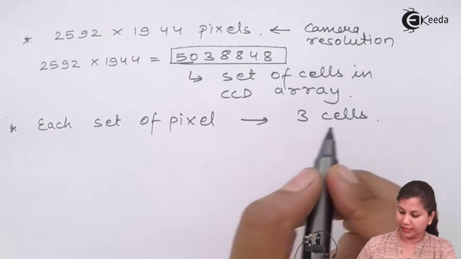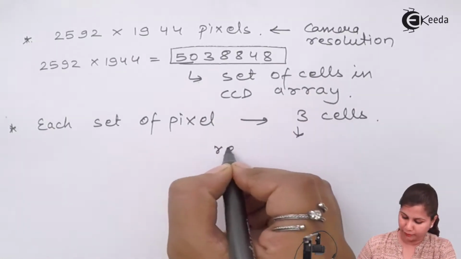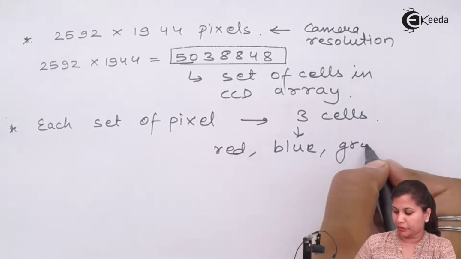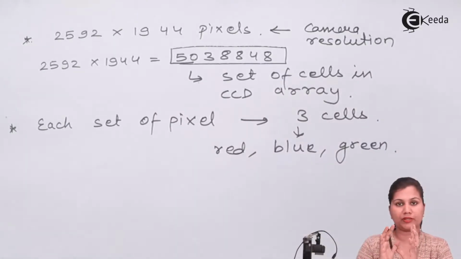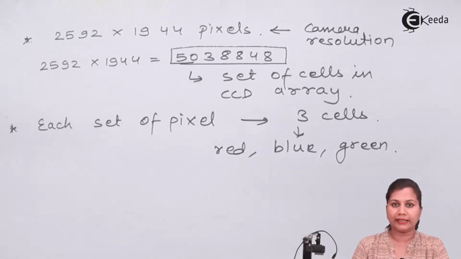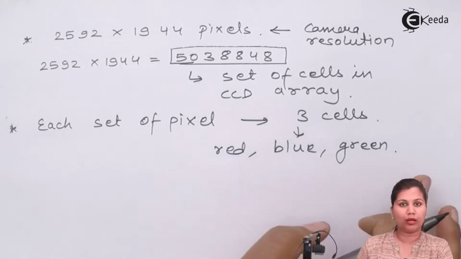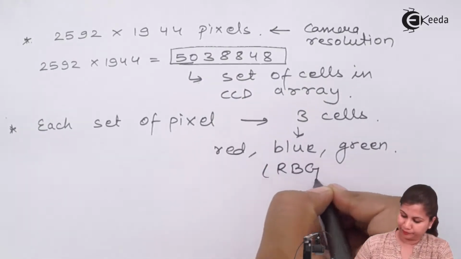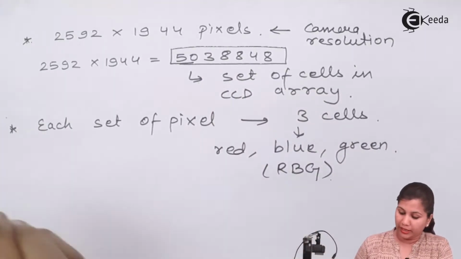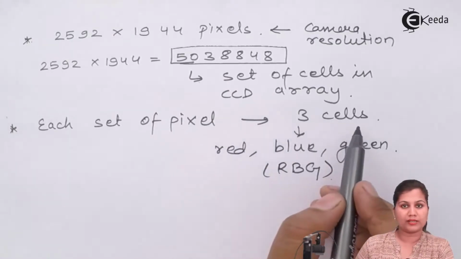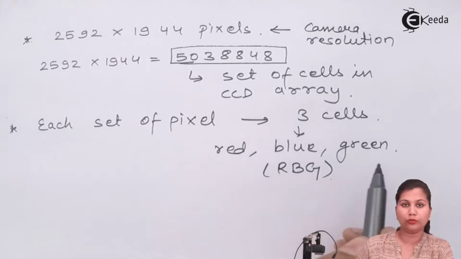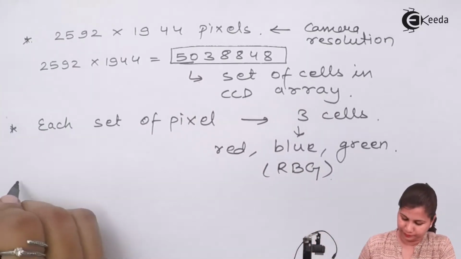Each cell is for one of the 3 colors red, blue and green, because we know that whenever any picture is formed, there are 3 basic colors with which an image is formed, that is red, blue and green. So each pixel consists of 3 cells, and these 3 cells are for the red, blue and green color.